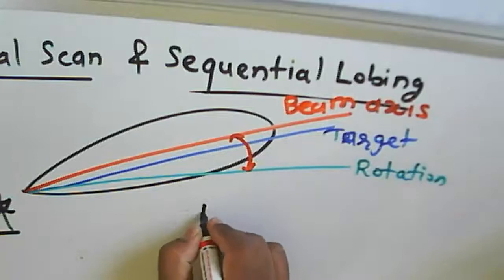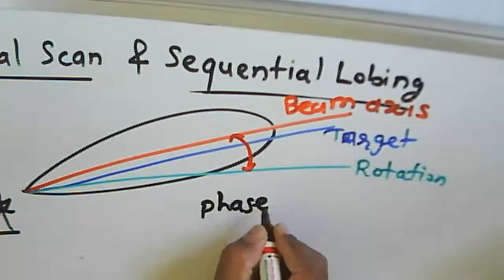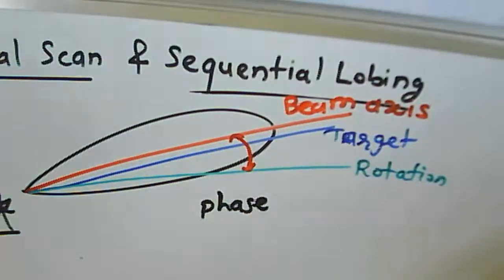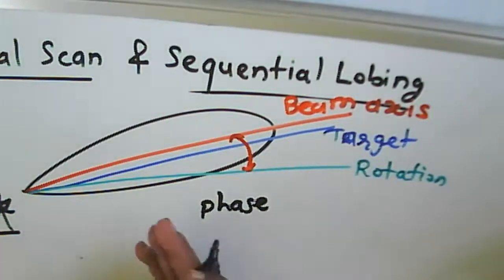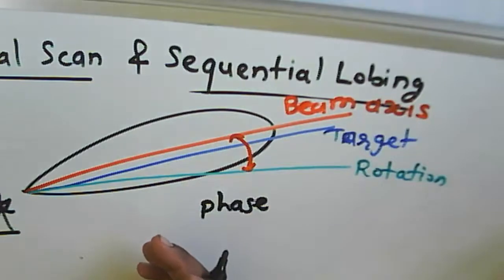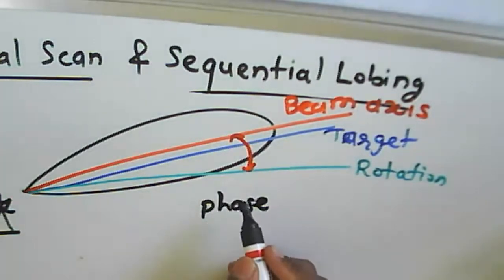That's why we need to find out the phase here. From this particular echo signal, we get the position of the target.